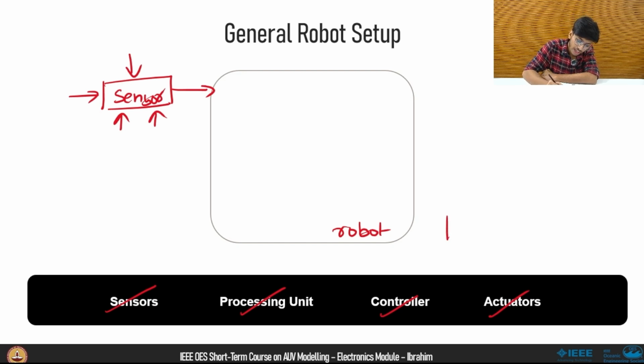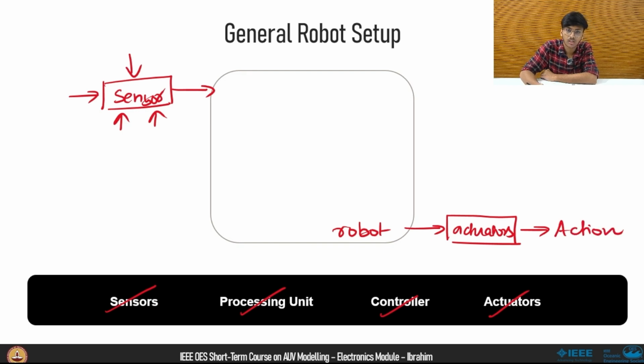Then finally you have actuators, and the robot should take the data from the sensors and give some signal to the actuators to make the actuator move. So this will take action to move in the environment. The entire setup, from collecting data through the sensor to passing that to the actuator to take action, comprises the entire robotic setup.